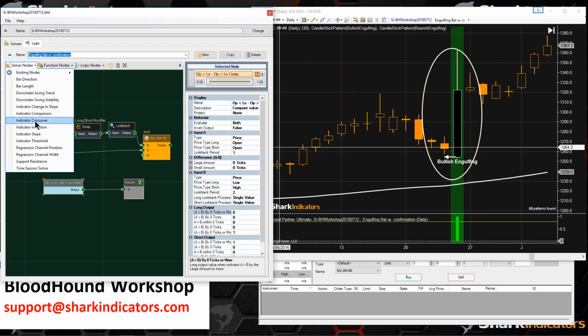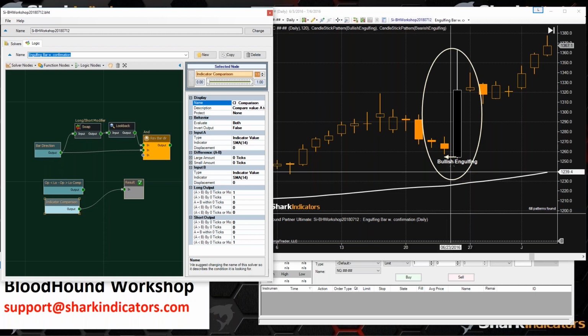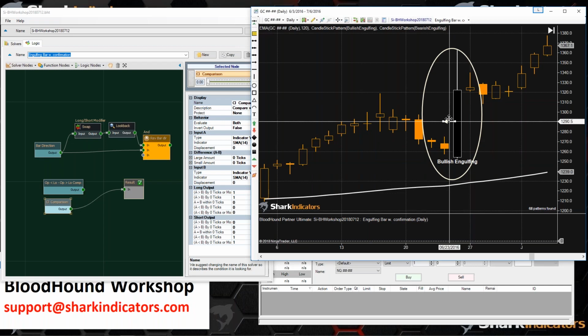Let's grab another comparison solver and connect it up there. This is going to be looking at the close. For a long or bullish situation, we want the close of the bar to be greater than the high.